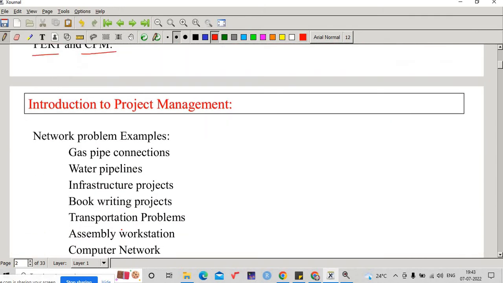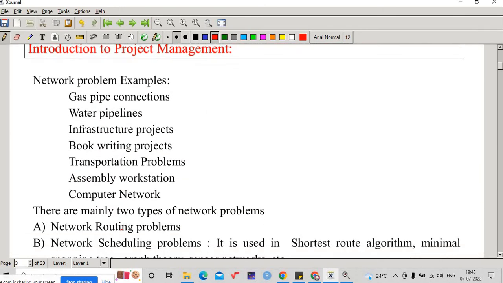But before that, a few more examples we can consider for project management. Number one, gas pipe connections. This project or management you can consider as a networking problem in the broad area of project management. Water pipelines, infrastructure projects, book writing project, transportation problems.